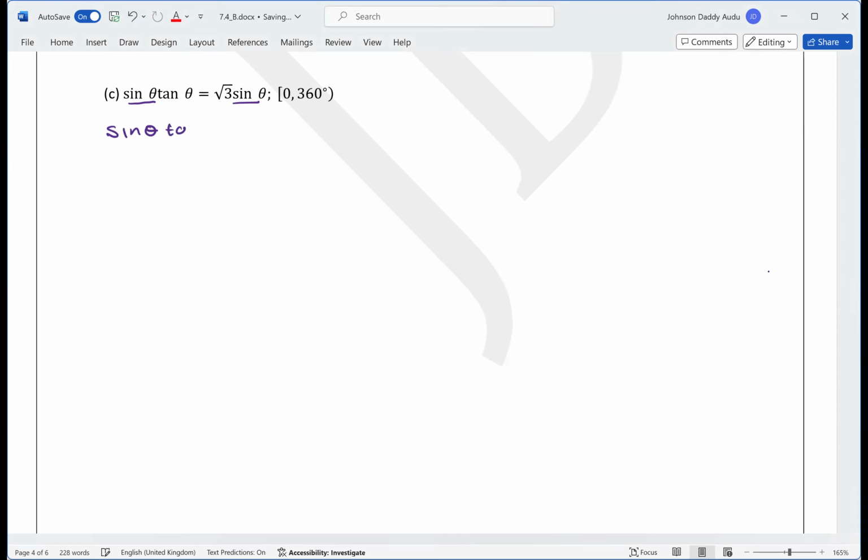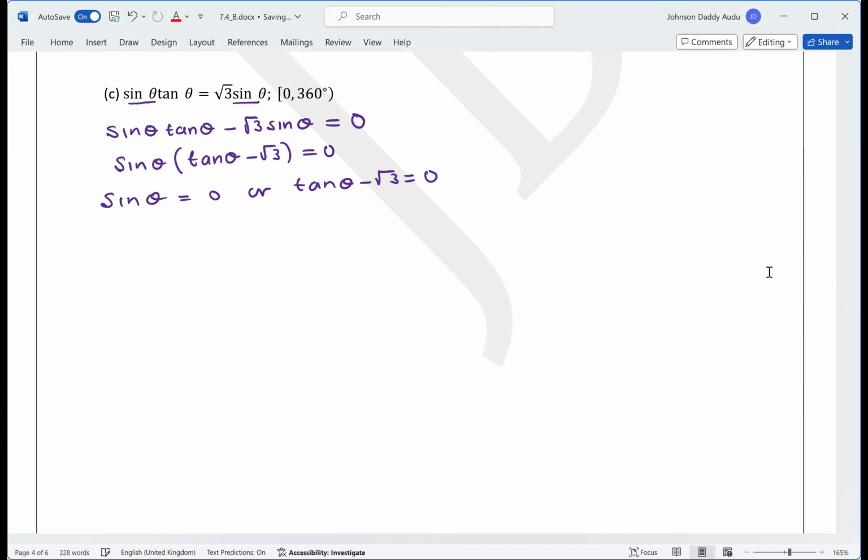This is sine theta tan theta minus root 3 sine theta is going to be equals to 0. So we can take sine theta as a common factor. Right. So this means that sine theta equals to 0, or tan theta minus root 3 is equals to 0.